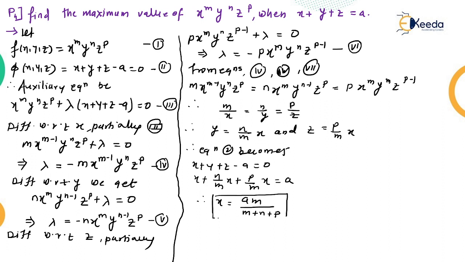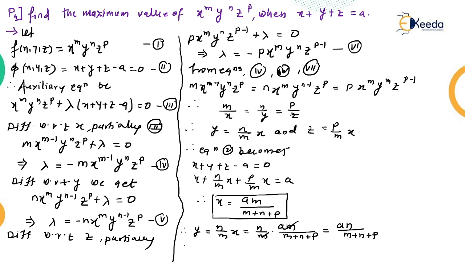Okay, so substitute the value of x in the above equations to get y and z. So y is n divided by m into x, and x is am divided by m plus n plus p, so terms cancel and we get y equal to an divided by m plus n plus p.